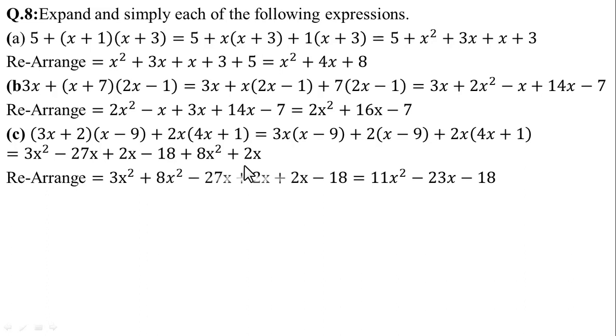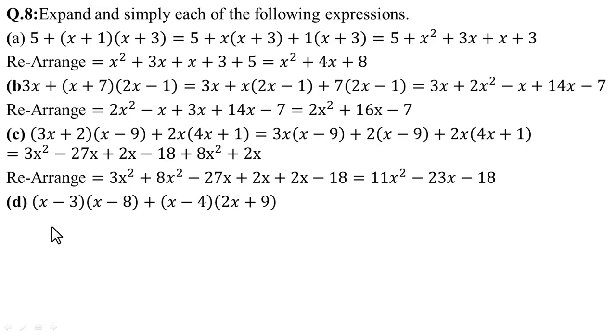Now we rearrange the values: 3x square + 8x square − 27x + 2x + 2x − 18. 3x square plus 8x square is equal to 11x square. 2x plus 2x is 4x, 4x minus 27x is equal to −23x, minus 18. So the final answer of C part is 11x square − 23x − 18.